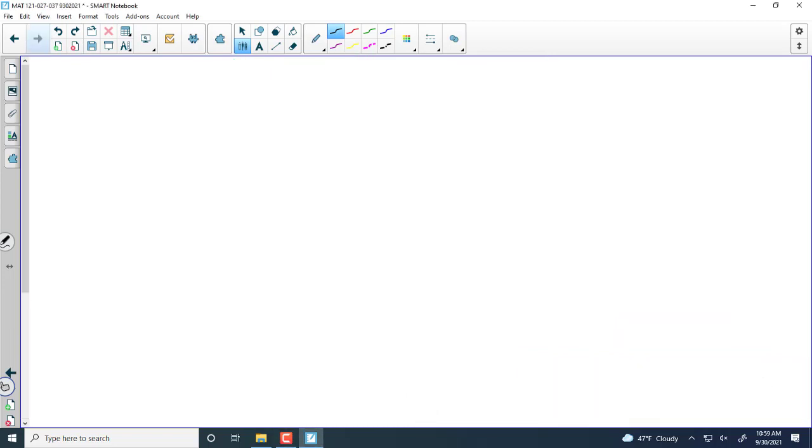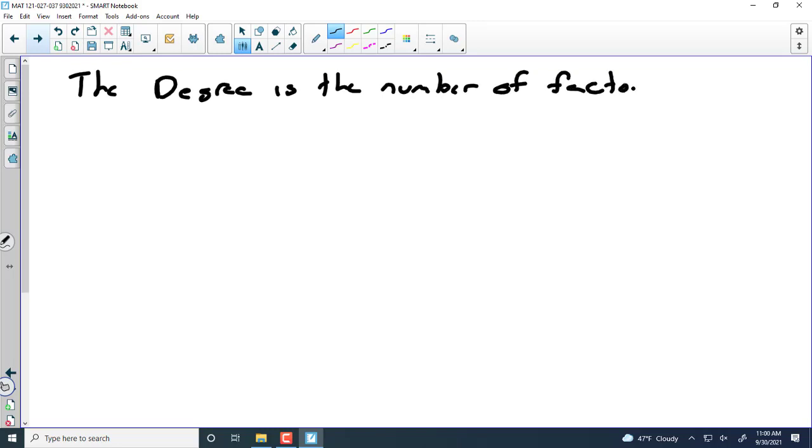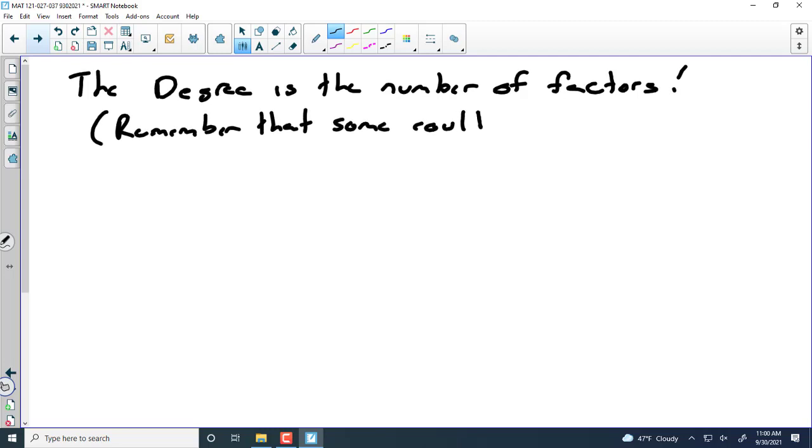So here's what we'll say. The degree is the number of factors, always. Remember that some could repeat, and x counts as a factor.